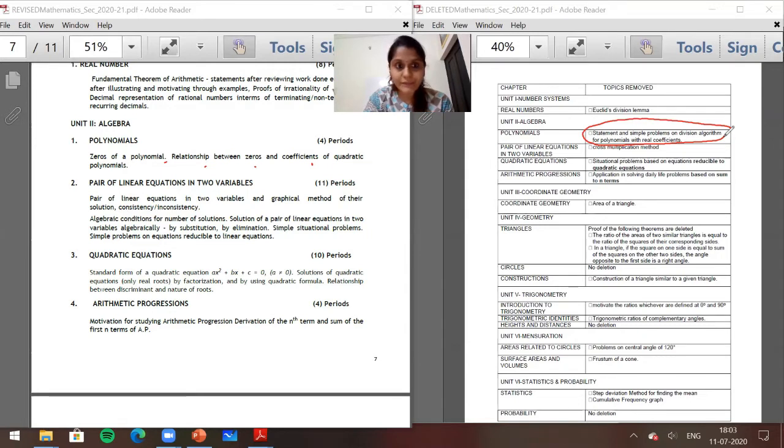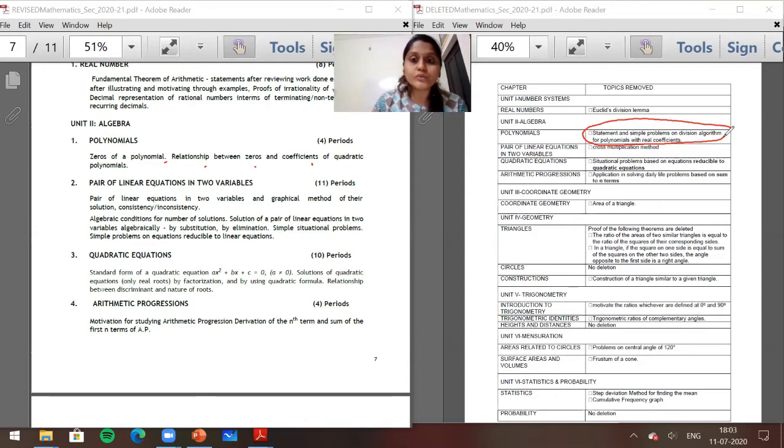Only how to determine the zeros of a polynomial, or what you mean by a zero of a polynomial, is there. And the relationship between coefficients, your a, b, c, and alpha and beta, the zeros of the quadratic polynomial. Only that is remaining. Again, according to me, 50% of the chapter has been removed.